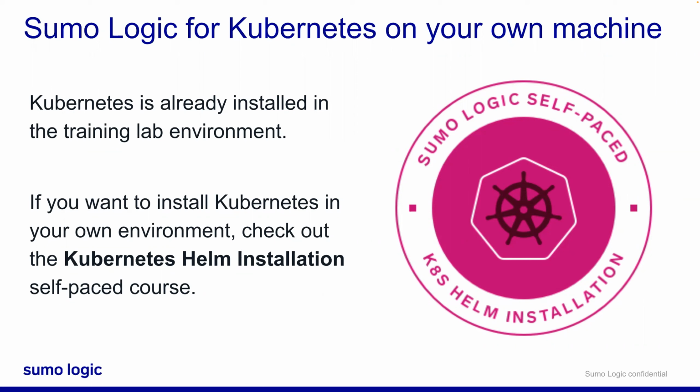This is something that probably only admins would do, and likely once, but it is helpful if you want to install Kubernetes on your own device. You may know how to, and there are other tutorials, but we wanted to show you how. I will point that out once we get into the application, which we're going to do right now.